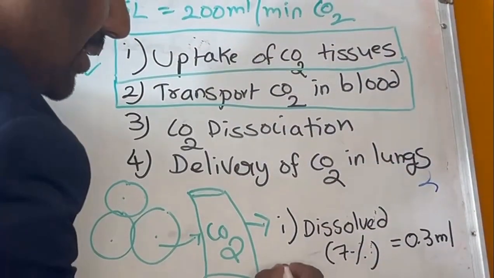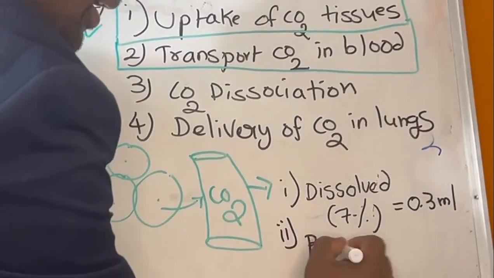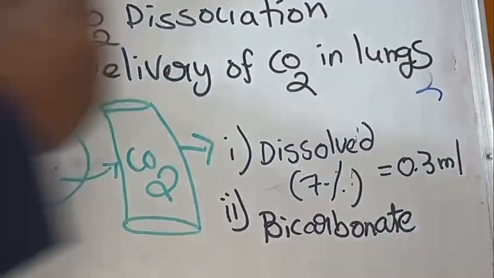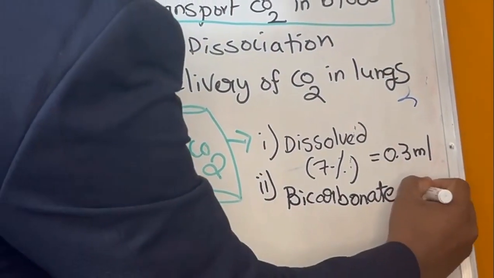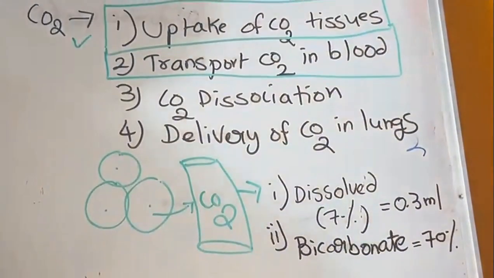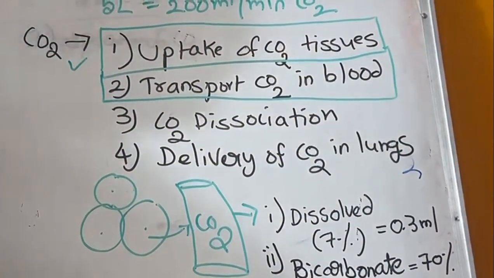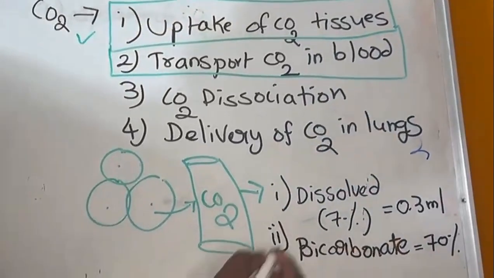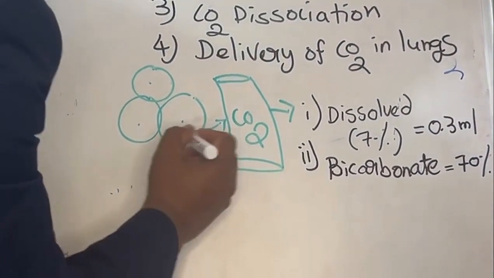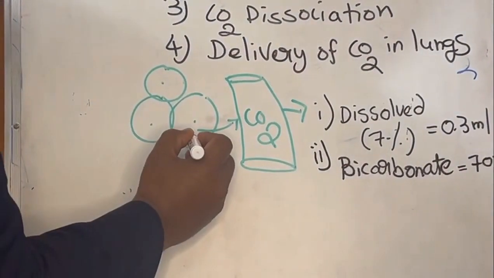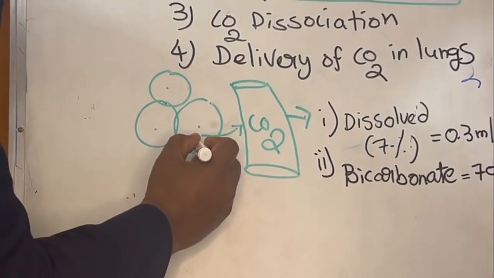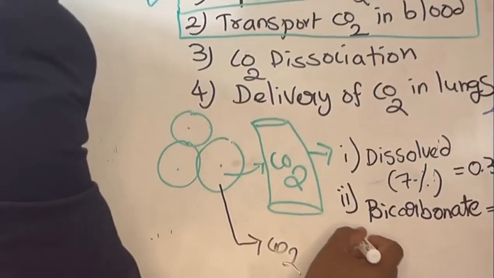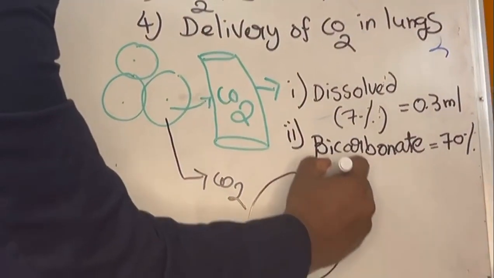The second one is called bicarbonate form. The majority of the carbon dioxide, approximately 70%, is transported in the bicarbonate form. Let us see how this happens. The carbon dioxide which is released from the tissue enters first into the plasma, and from there into the surrounding RBC.